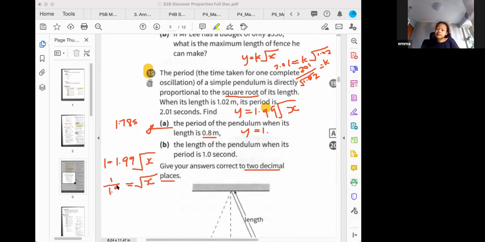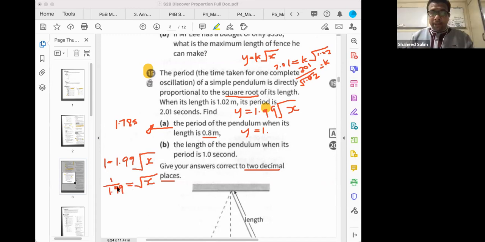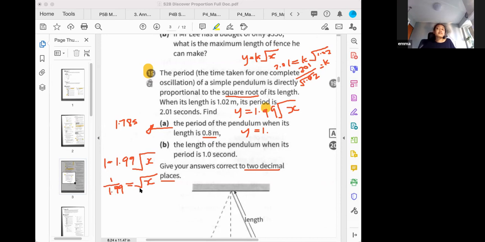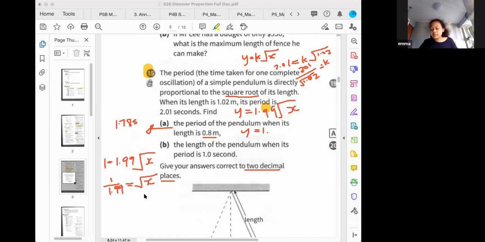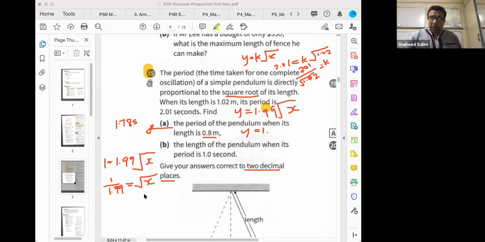And then in order to find this out, I need to square this, then I square the answer. You can't remember? Okay, let me try. 1 divided by 1.99, you get an answer, and then you square it. Your answer is 0.25. It's correct, no? But okay, maybe I explain on the board.